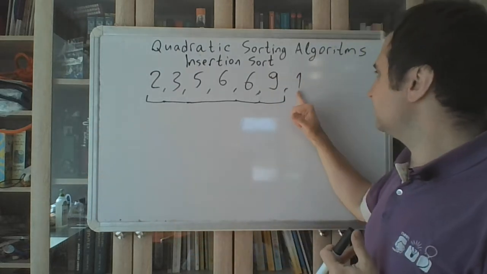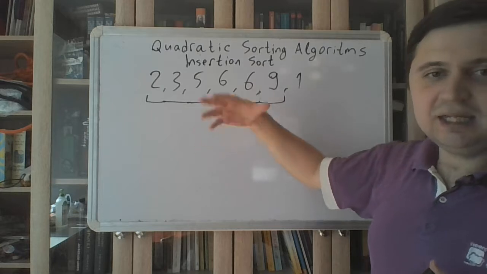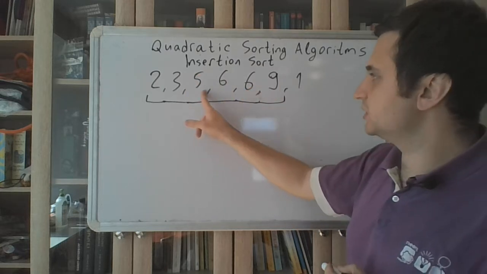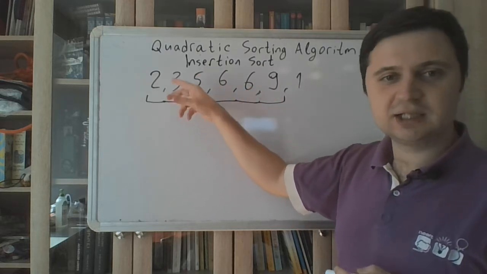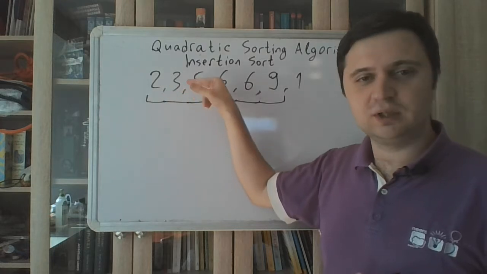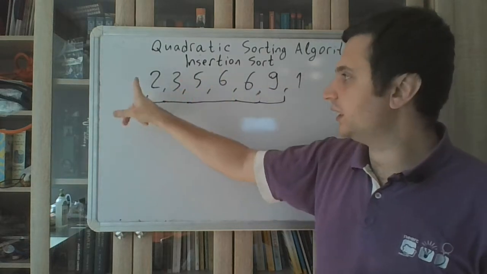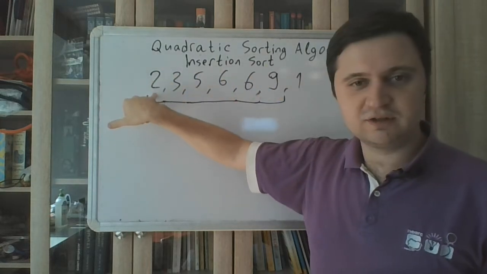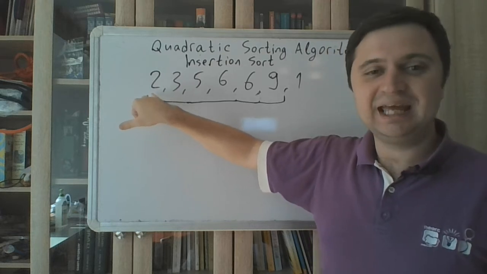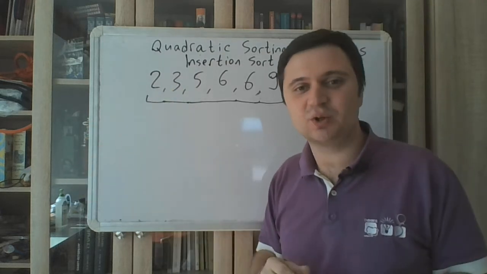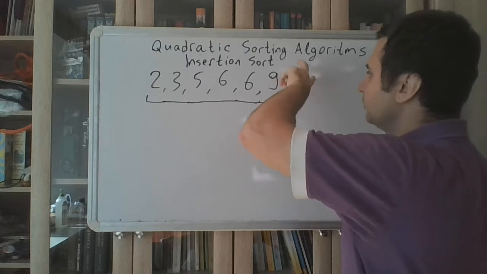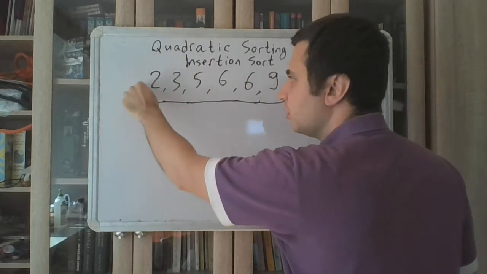So please remember that you do the swapping either until you come to a good position and the next element is larger than, smaller than, or equal to your element, or until you have swapped to the first 0th position, and that's also a reason to stop. Okay, so the one will be swapped and will stop over here.